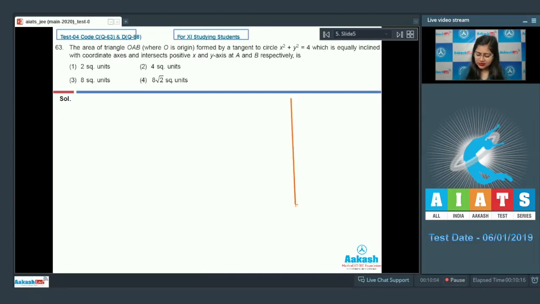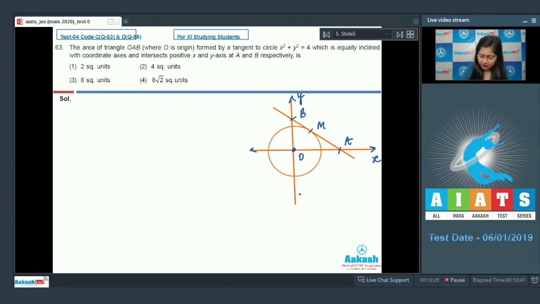Let us say this is the coordinate axis and this is the circle x square plus y square equal to 4, and this be a tangent that is cutting x axis at point A and y axis at point B. Let us say this point is M and this is O, right? So this is x axis and this is y axis.